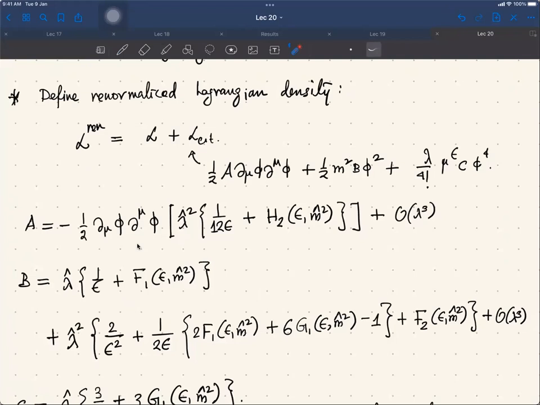In dimensional regularization, it's not easy to see what is the cutoff in the momentum that you are using, but we must be doing something like that, because the divergence comes from the infinite value of the momentum, and those divergences are written as poles, and the poles are getting cancelled.